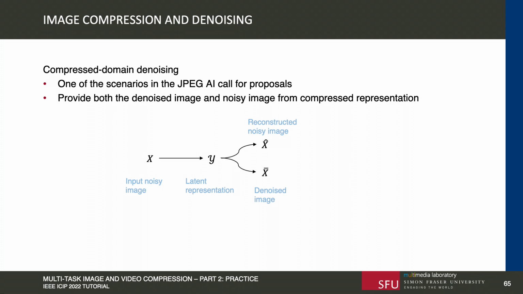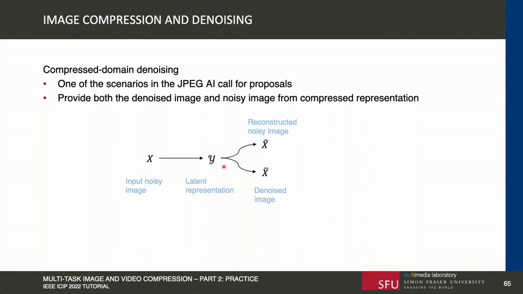So let us now look at another multitask system where both tasks are kind of related to human viewing. This is compressed domain denoising, and this was in fact one of the scenarios in the JPEG AI call for proposals. So here the goal is to take an input noisy image X, encode it into a latent representation Y, from which both the reconstructed noisy image X hat can be recovered, but also the denoised image X bar can be recovered.